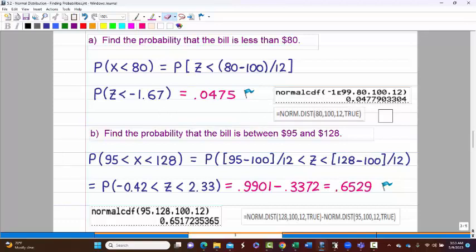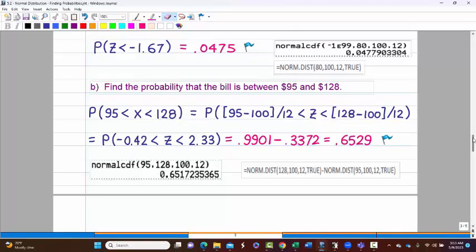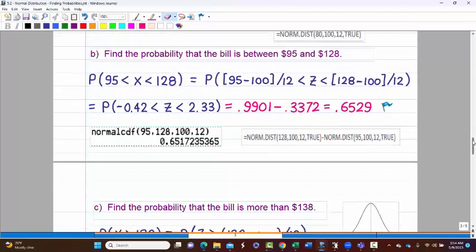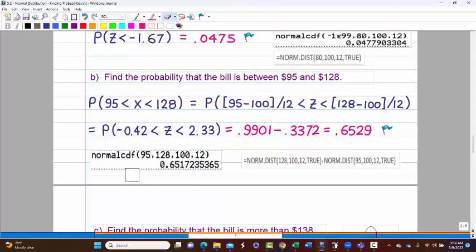Anyway, between 95 and 128. On normal CDF, when you're between two values, you enter lower then upper. There's no E99s. 100 for the mean, 12 for the standard deviation.